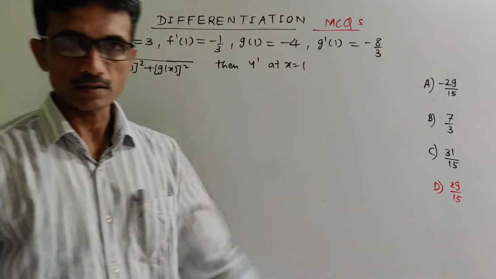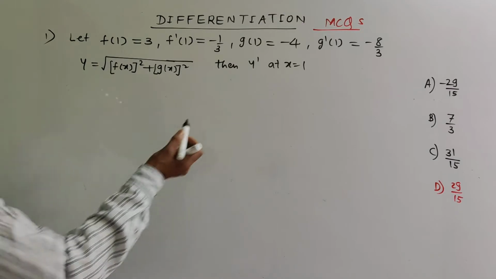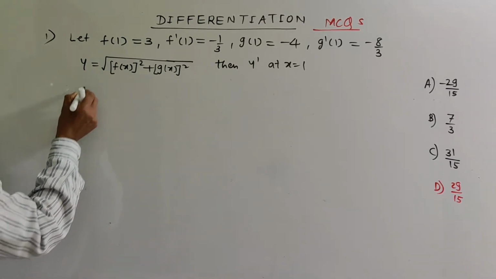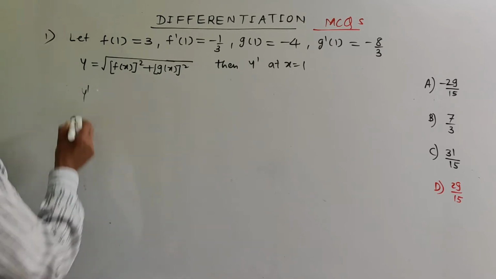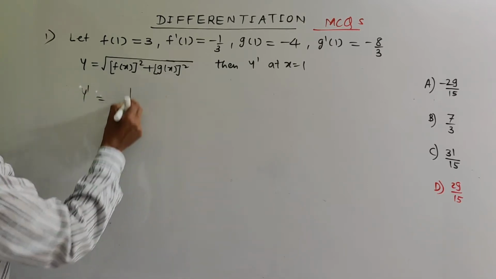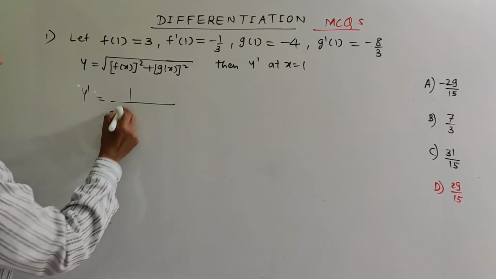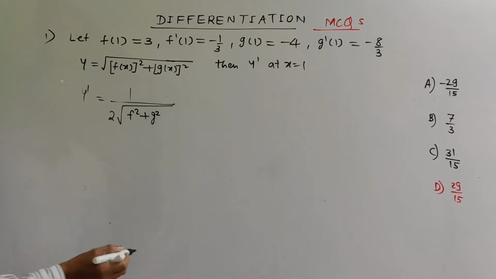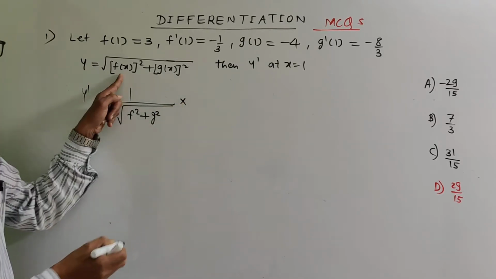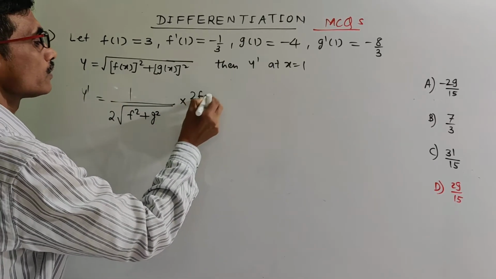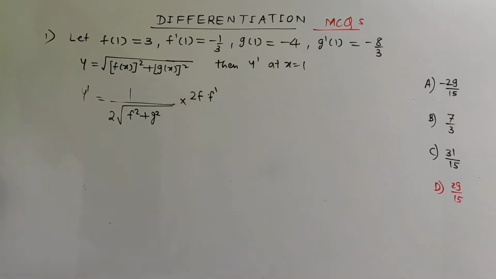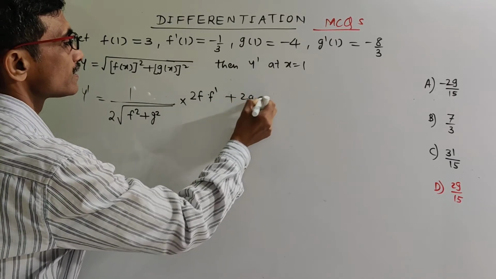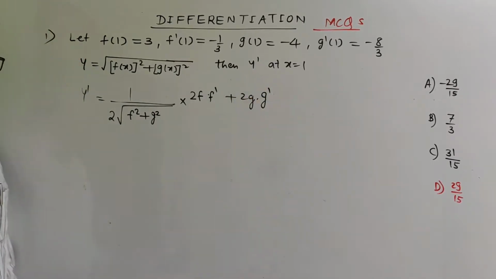So the options are these. Find the derivative of this, that is dy by dx. So y dash, in short, we will write: derivative of root f(x) is 1 upon 2 root f(x), and inside we have f square plus g square, into the derivative of f square, 2f into f dash of x, and the derivative of g of x square is 2g into g dash of x.